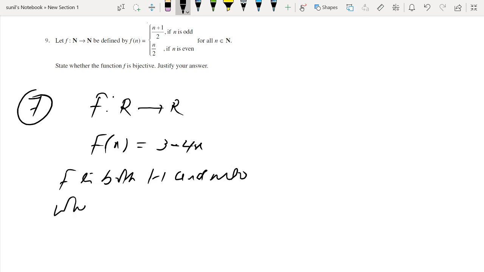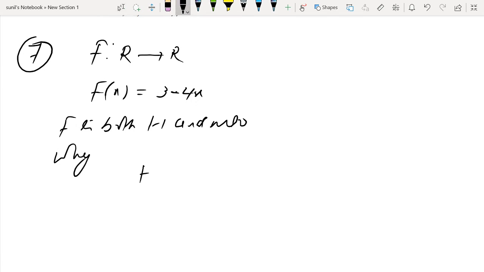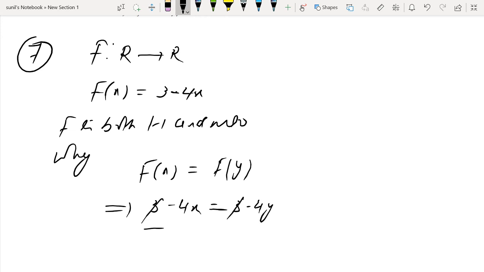Why? You can see that f(x) equal to f(y) will imply 3 minus 4x is equal to 3 minus 4y. This will get cancelled. This will imply x is equal to y. So hence f is 1-1.